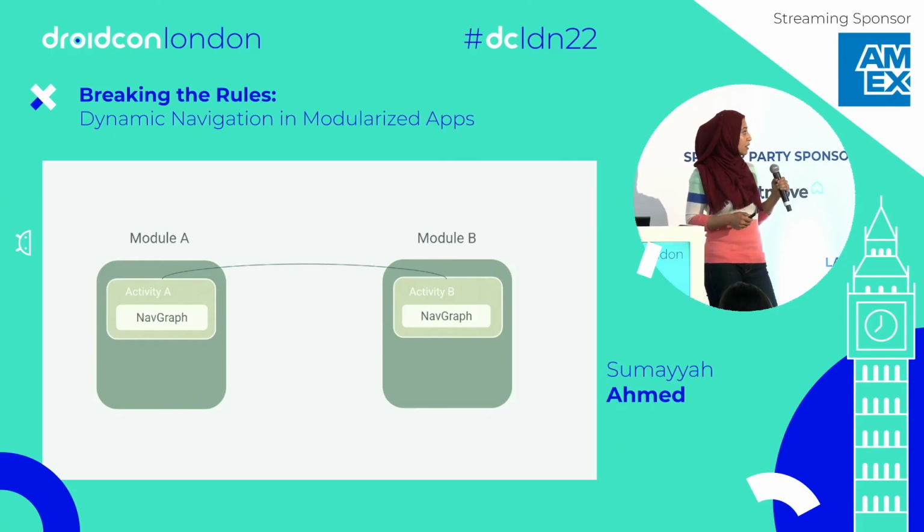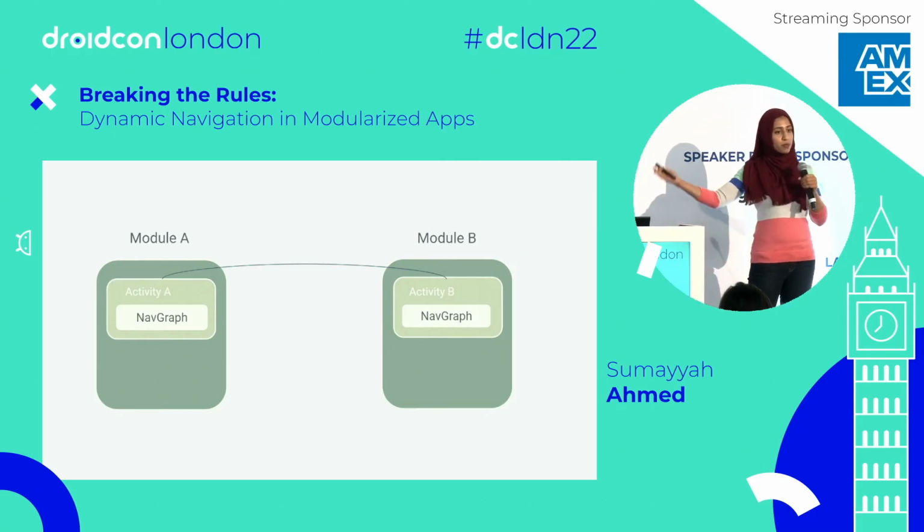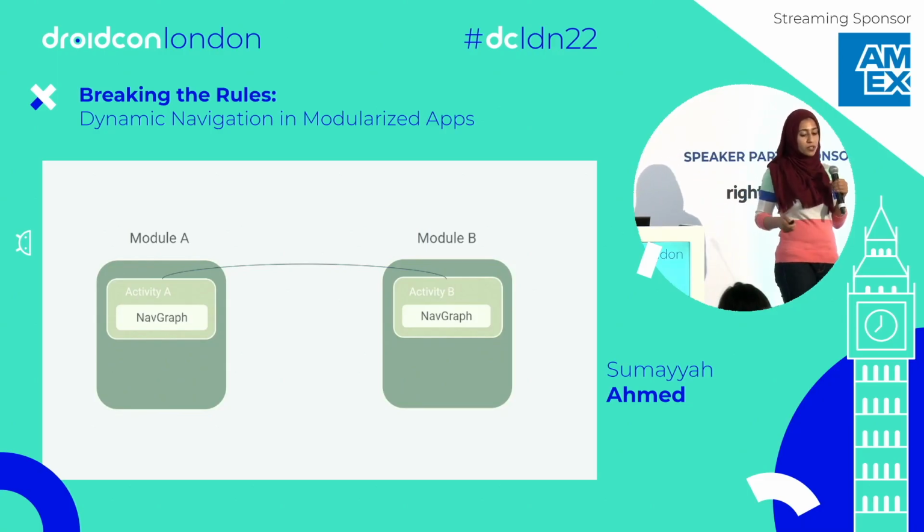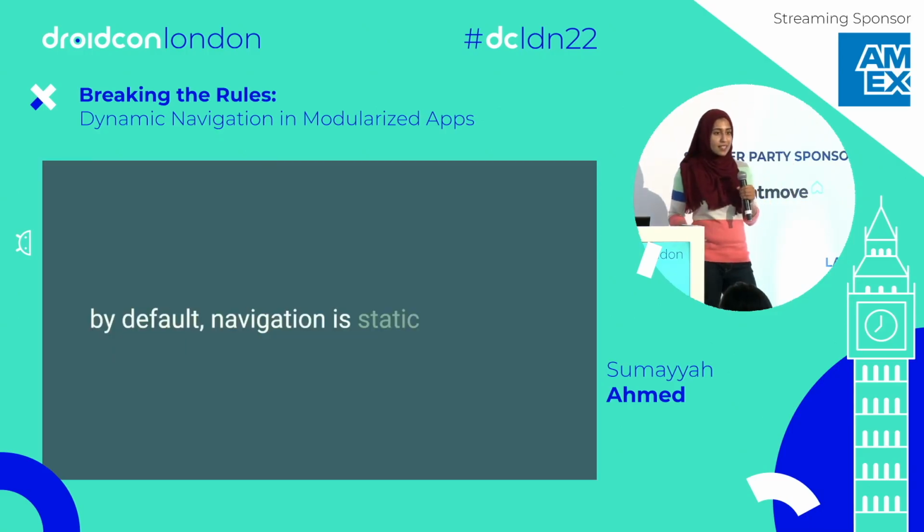So getting from A to B means A is going to launch B and then completely relinquish control and knowledge of what happens next. Activity B inflates, it's going to start inflating its own navigation graph, it takes over its own internal logic. It's basically a handoff process. This is the kind of navigation I refer to as static.